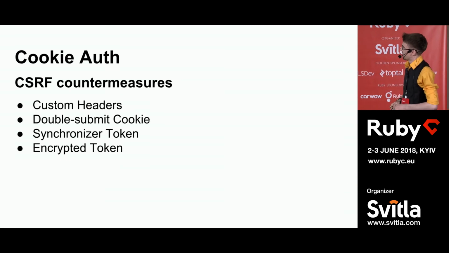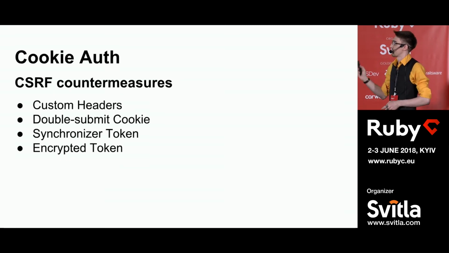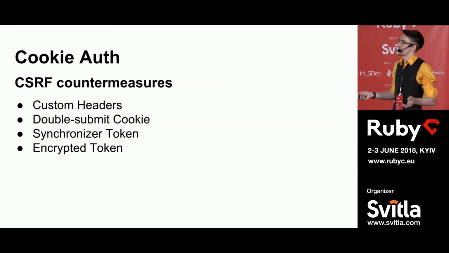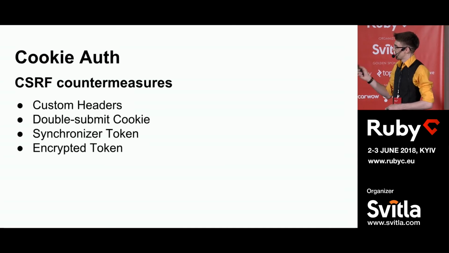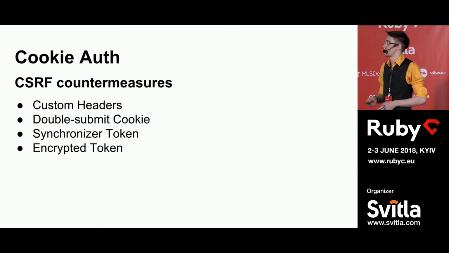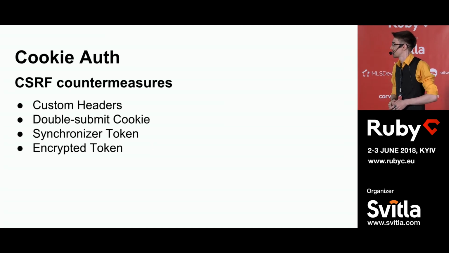There are a lot of countermeasures for CSRF when you have cookie auth, when the browser automatically sends requests, some of which I already mentioned. It's custom headers, like a custom header already means that this is not a forged request.